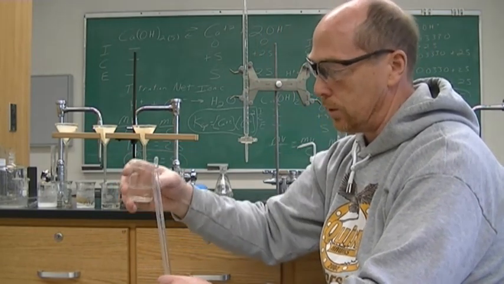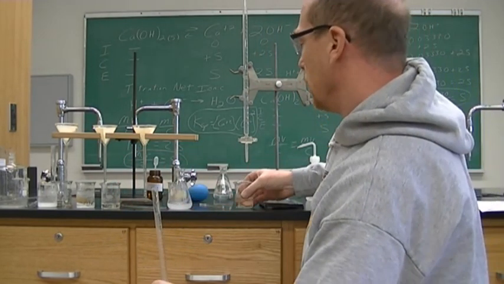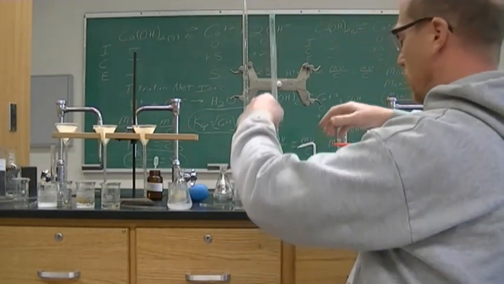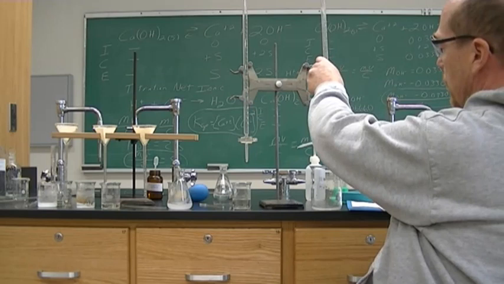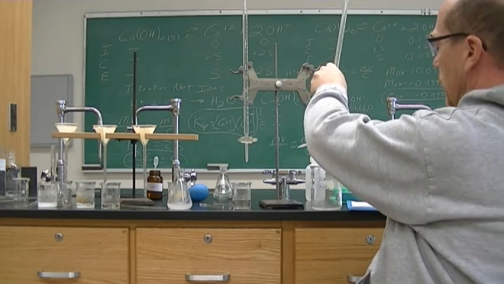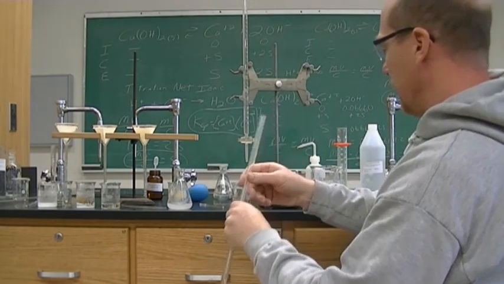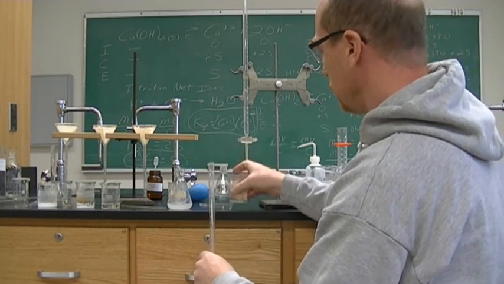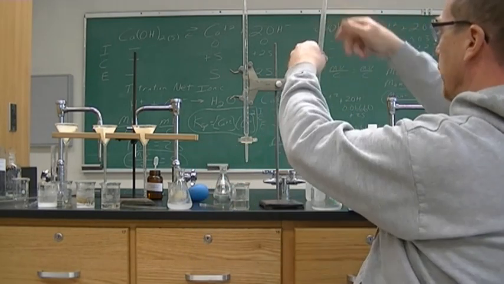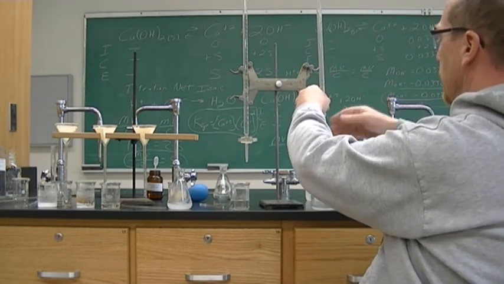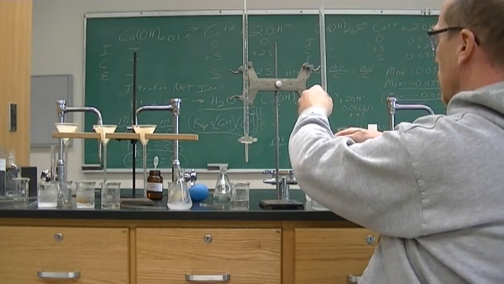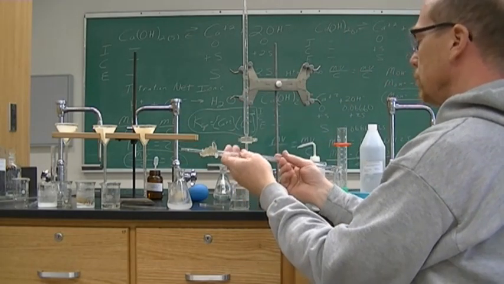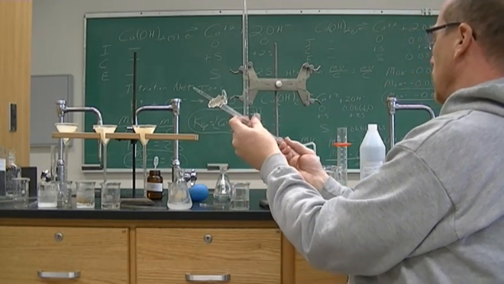So we put in a few mils, we get our beaker. All right, even though it is a base solution, it is a different concentration. So we thrice rinse it to make sure that our concentration is exactly the same.